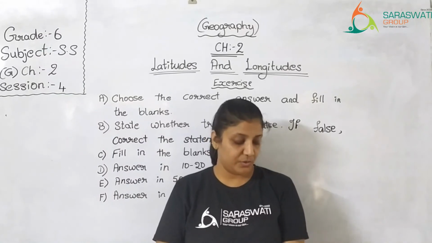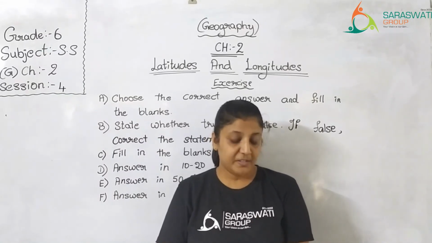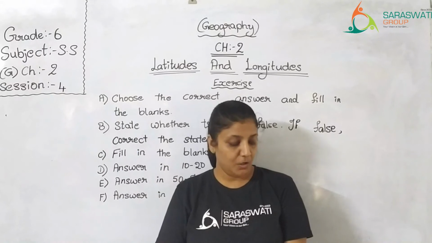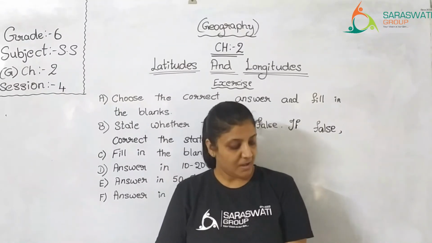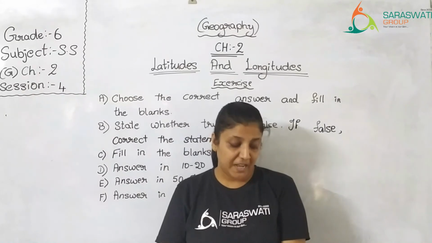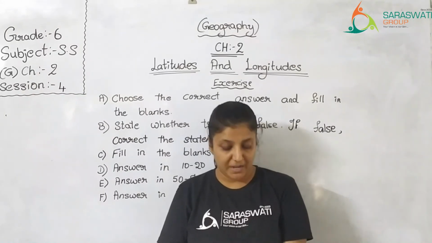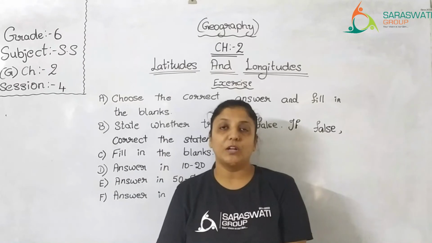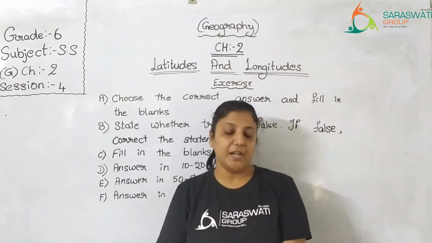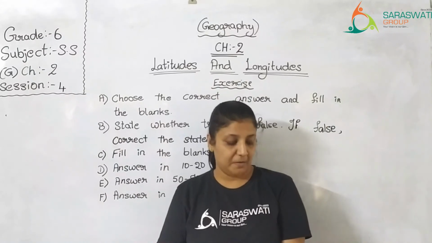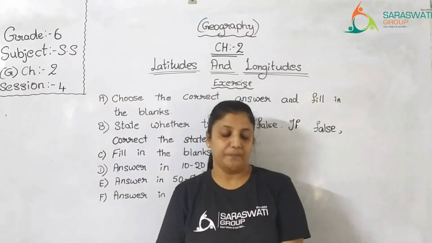Next question is question 3. What is the relationship between longitude and the time? Answer: Places located on different meridians have different local times. The difference between the local time of two places can be easily calculated.